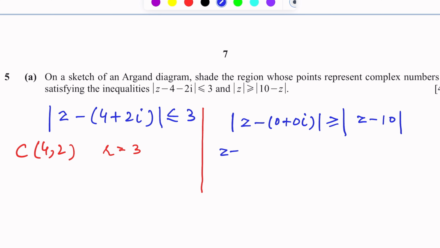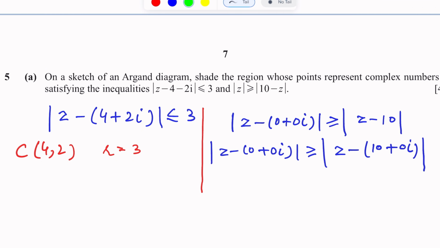So modulus of z minus (0 plus 0i) is greater than or equal to modulus of z minus (10 plus 0i). Now 0 plus 0i is one complex number, and 10 plus 0i is another complex number.